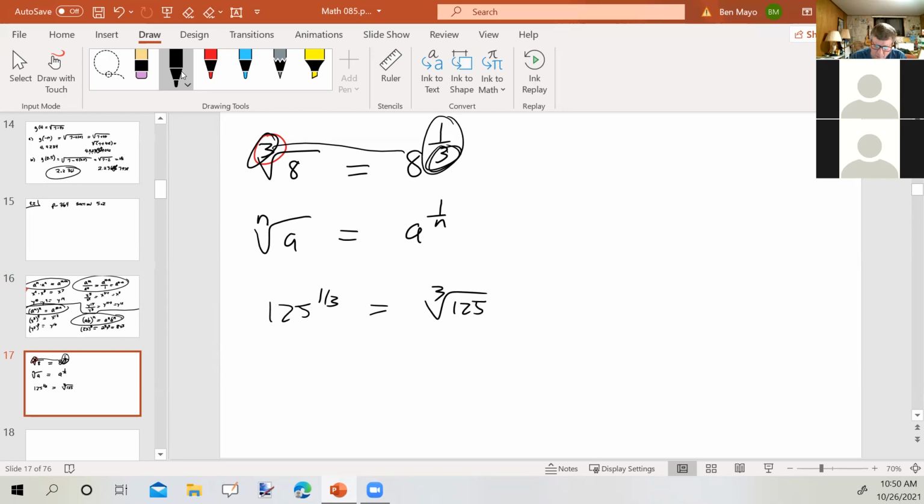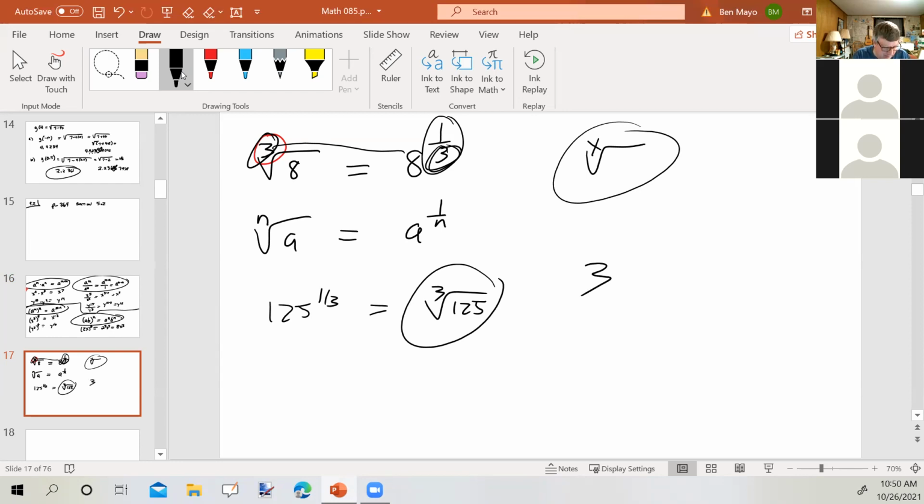Now, we already talked about the xth root yesterday. So for instance, we could put this into our calculator using that. We'd start out with the 3, the index, and then second x root and then 125, and you should get 5.